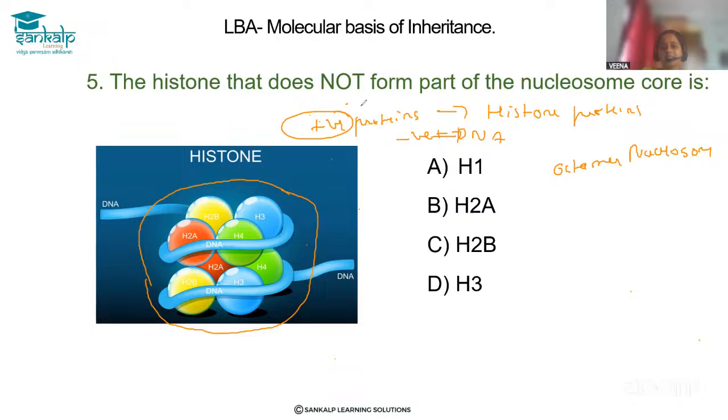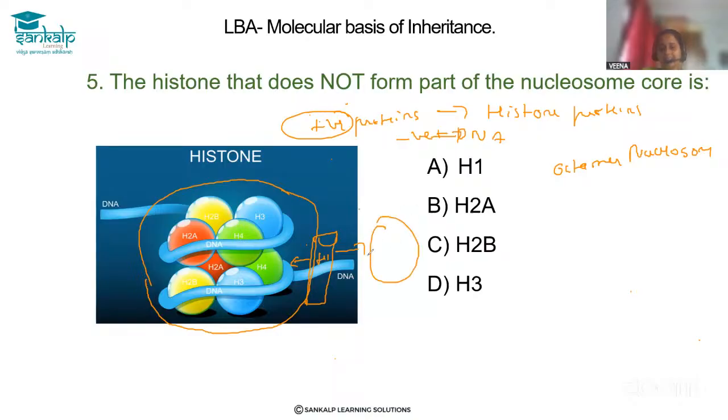Okay, and they are asking which part does not belong to the nucleosome here. So there will be one more histone that is called H1. That is linked to this nucleosome, and it connects one more nucleosome.